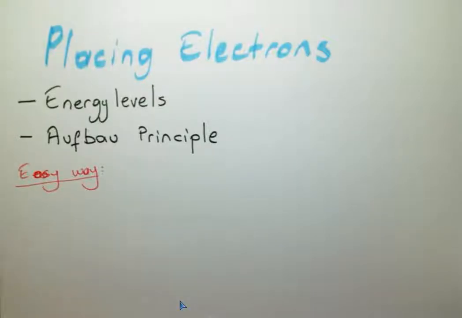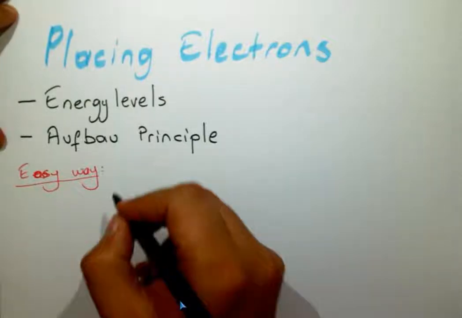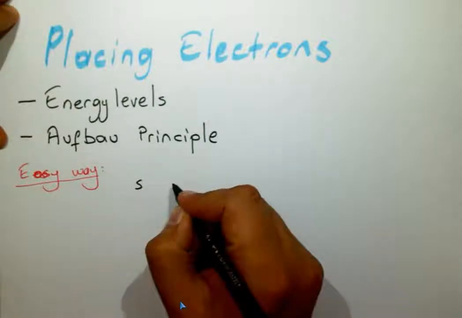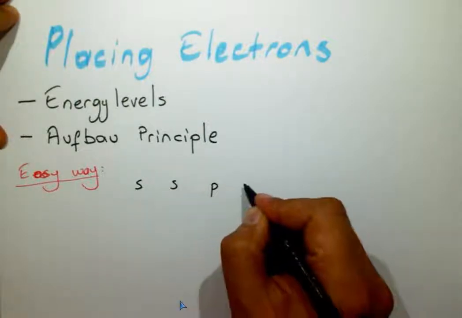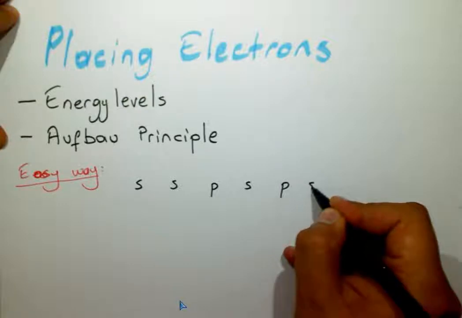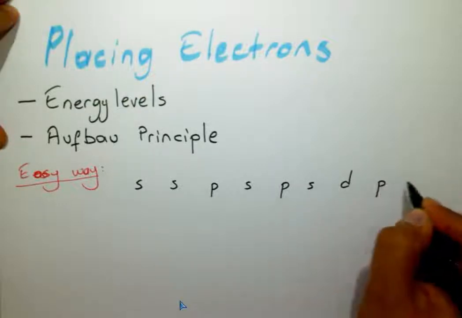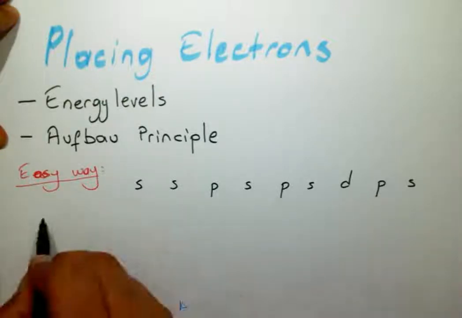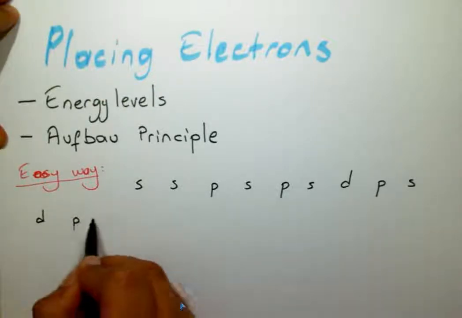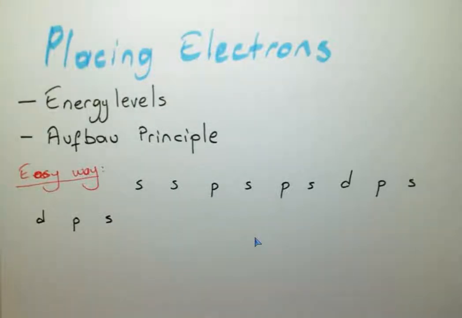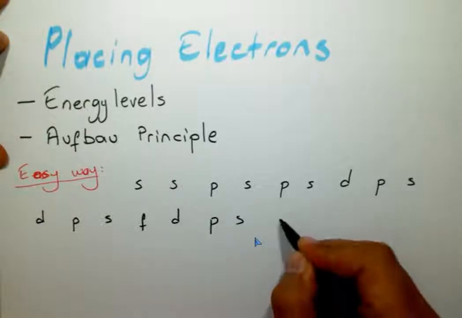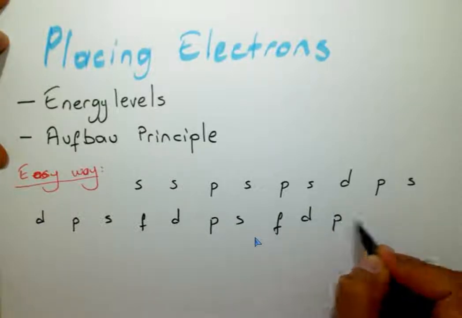The easy way of memorizing the order of energy levels is like this. You can use a song-like pattern: s, s, p, s, p, s, d, p, s, f, d, p, s, f, d, p, s.